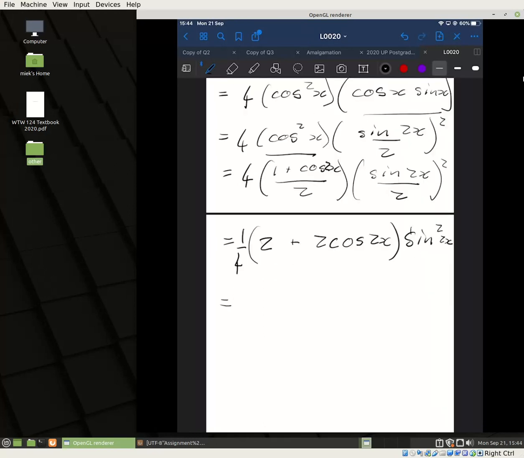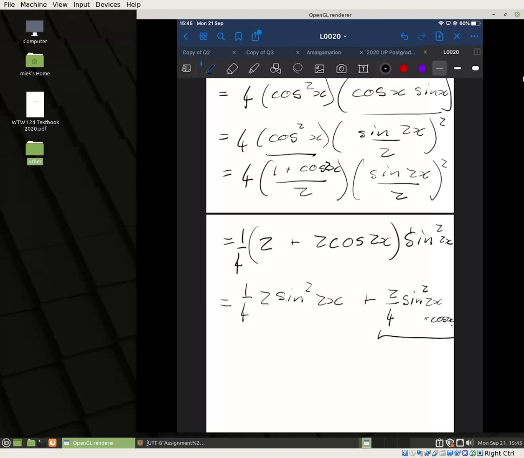Okay, let's multiply that out: 1 over 4, 2 times sine squared 2x plus, and I'm going to swap the 2 around, that is 2 times 1 over 4 sine squared 2x multiplied with cosine 2x.